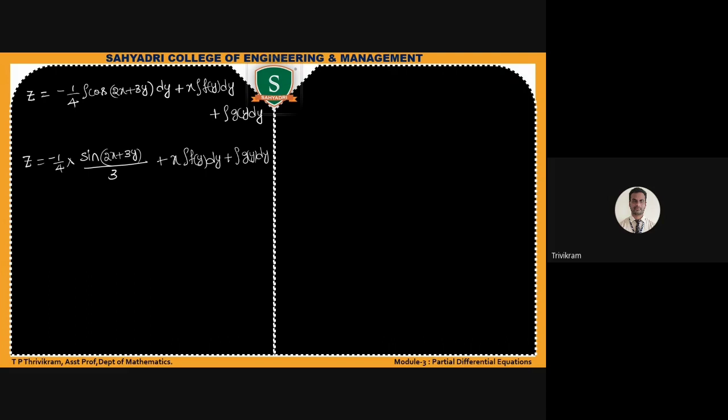So z is equal to minus 1 by 12 sine of 2x plus 3y plus x into, so this is also some function of y. So this I am treating as capital F of y, where f of y is arbitrary.